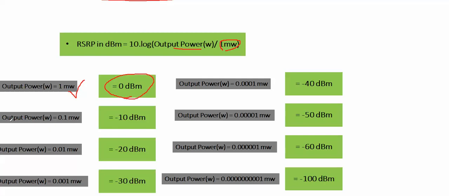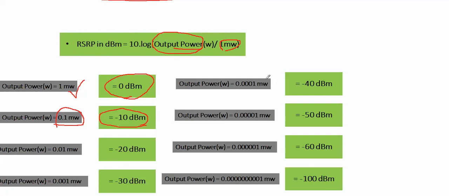Suppose the output power is 0.1 milliwatt, then it is minus 10 dBm. So whatever power the UE receives, it puts into the formula built into its script and calculates the RSRP value, which comes out negative.